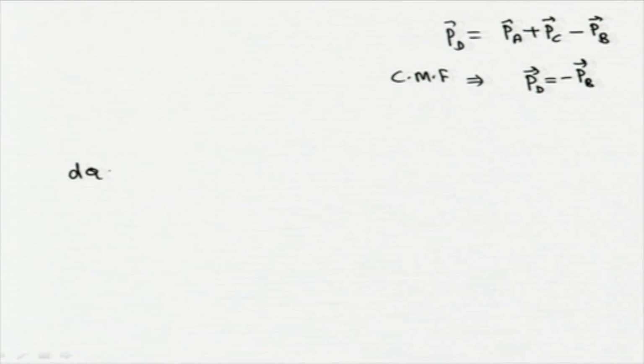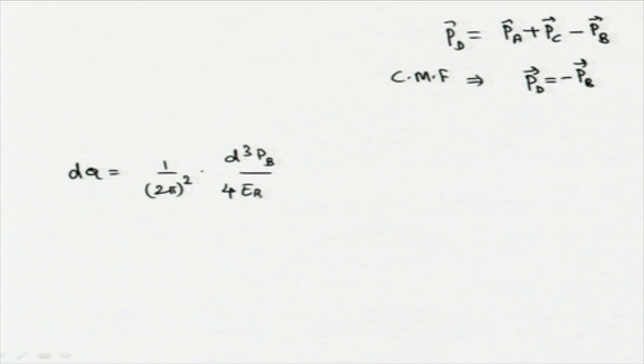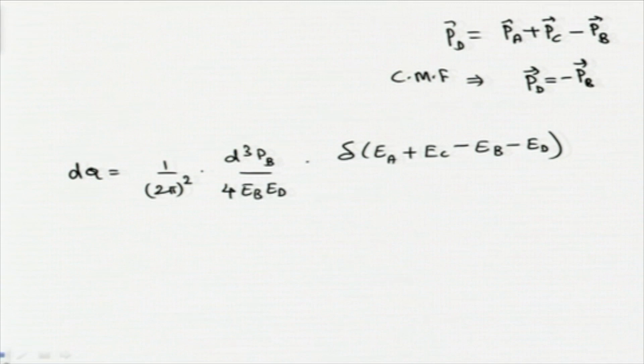And d q will be 1 over 2 pi power 4, 2 pi power 2, d 3 P B over 4 E B E D. I clubbed 1 over 2 E D with this, and you have the energy delta function, E A plus E C minus E B minus E D. Okay.